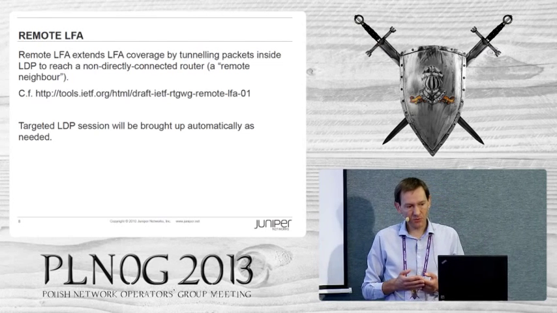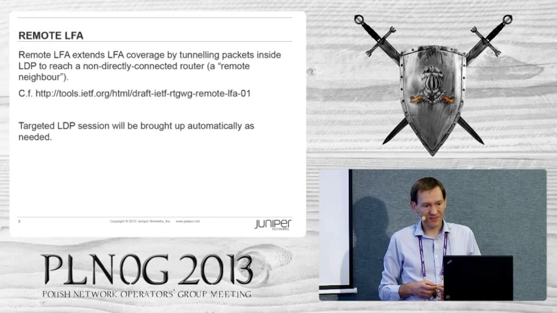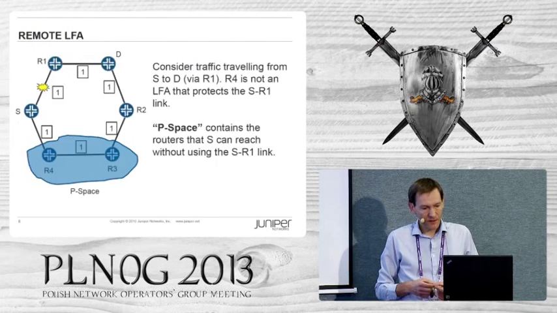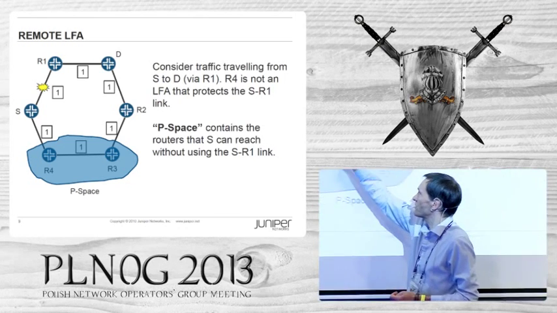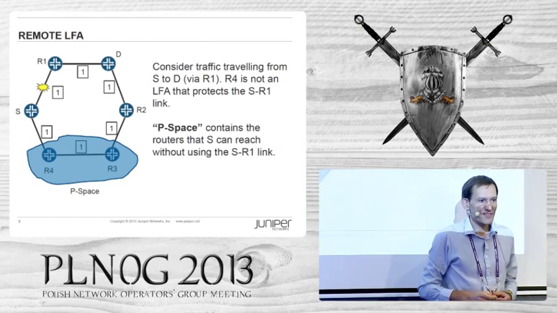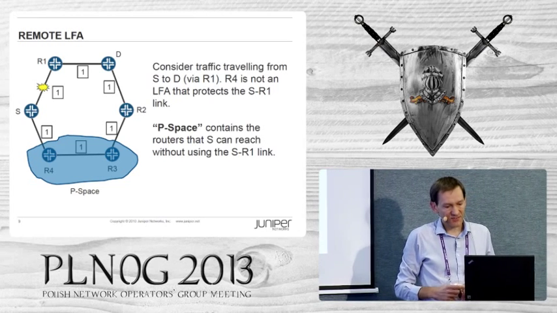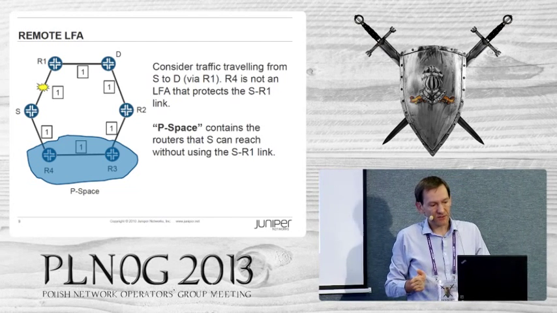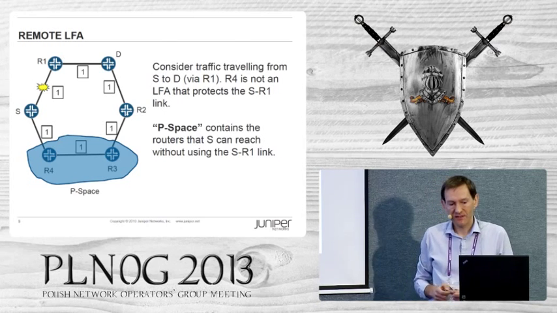Now, in order to talk about the remote LFA, I need to first talk about a couple of definitions. And so, first of all, from the point of view of source S, who's attempting to protect this link, we talk about P-space. And P-space is the set of routers that S reaches without using the S to R1 link, given the metrics that are in use in the network.